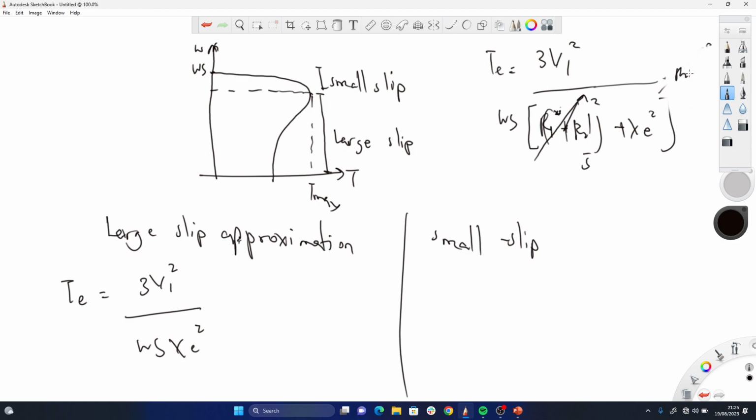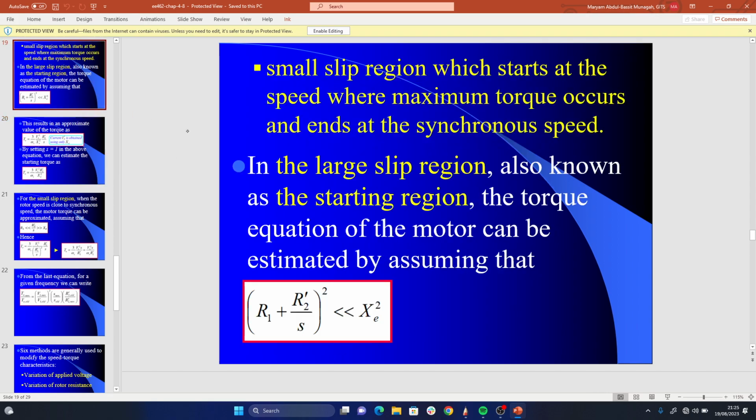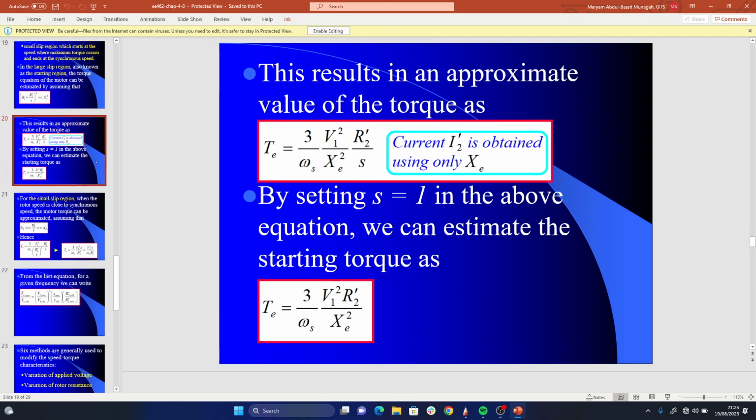So this is the large slip approximation. In the large slip region, which is the starting region, this value is very small compared to this, so I'll be left with just this part of the equation.